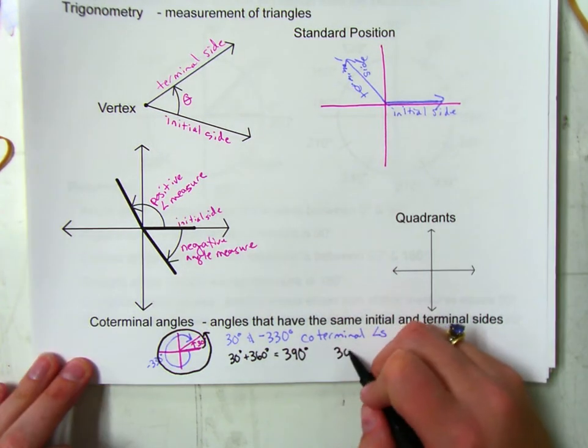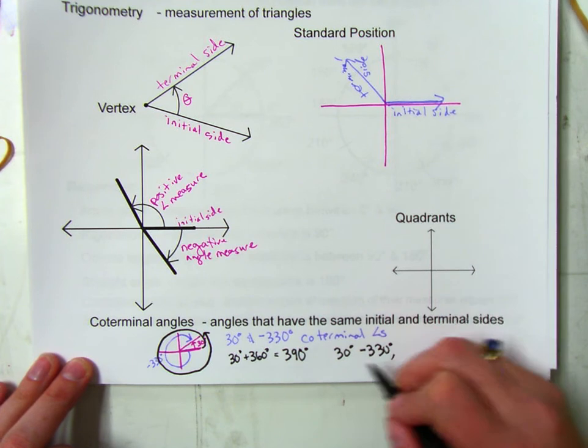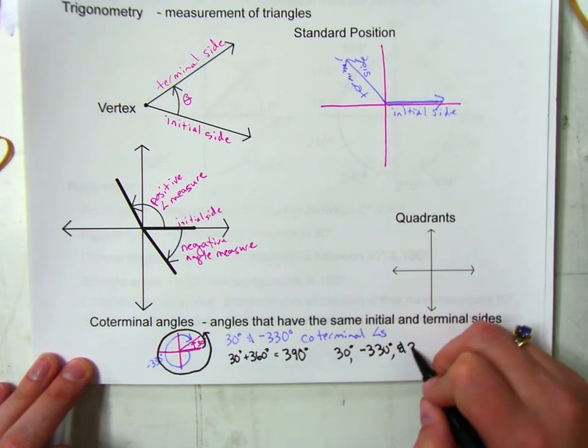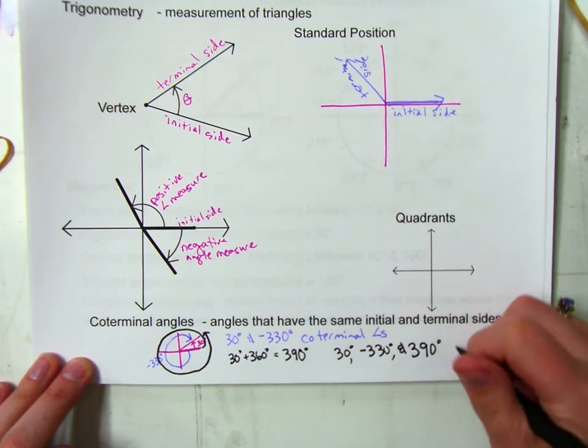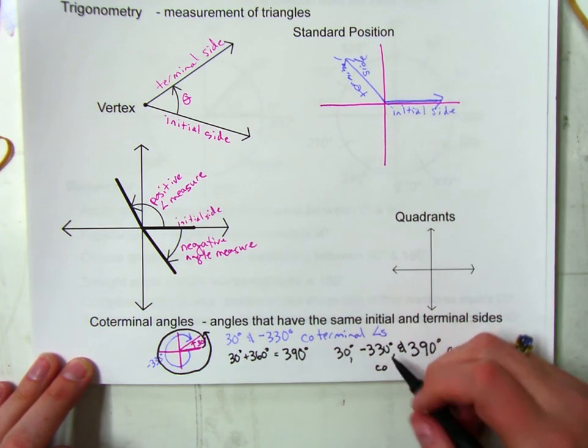So 30, negative 330 degrees, and positive 390 degrees are all coterminal angles.